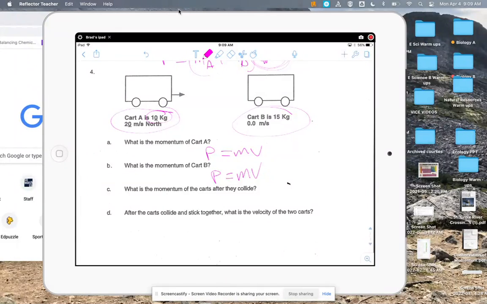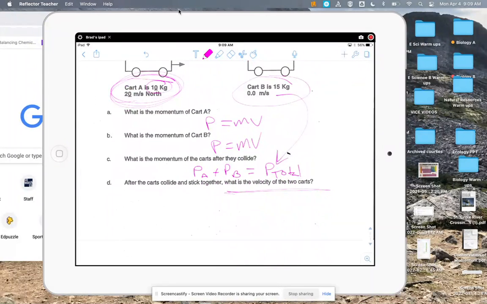And what is the momentum after they collide? Here again, you know that cart B is 0, so it's basically whatever cart A's momentum is. But you should still do this: momentum of A plus momentum of B equals the total momentum of this system. Then again, you're going to calculate the velocity using that same formula you've been using since the beginning.